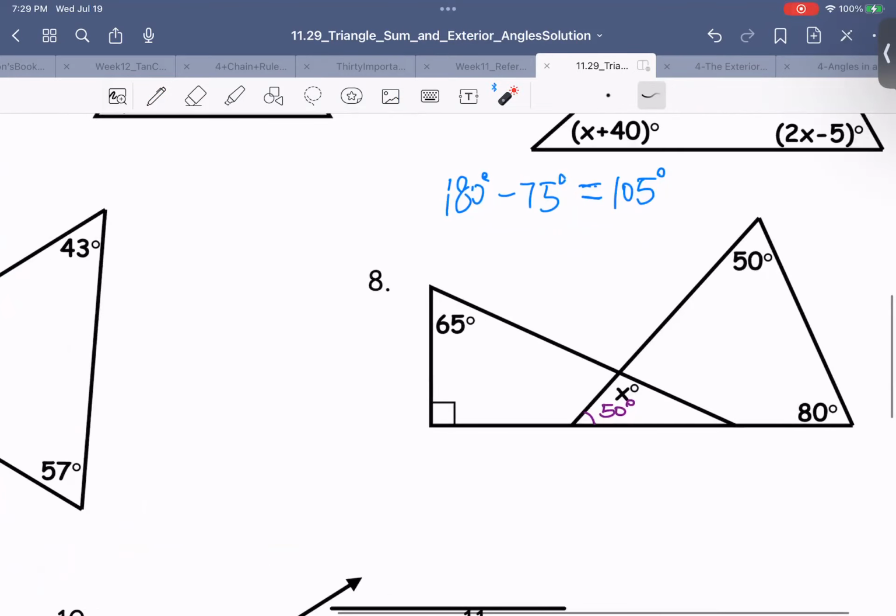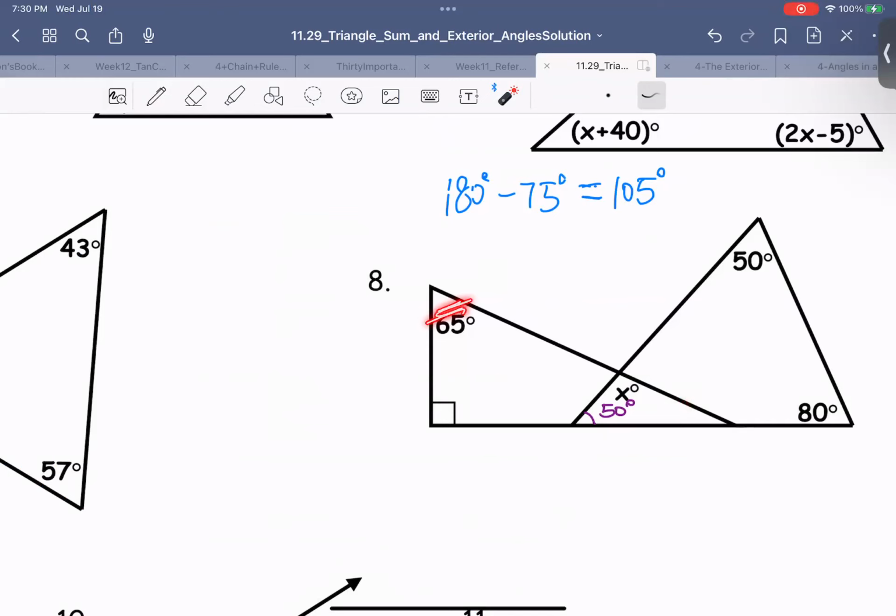And then the angle on the bottom of 65 is 90 degrees. So 65 plus 90 would be 155 degrees. And 180 minus 155 is 25 degrees. Good. And we can also say it this way, because this is 90, these two are called complementary. So these two together is 90.